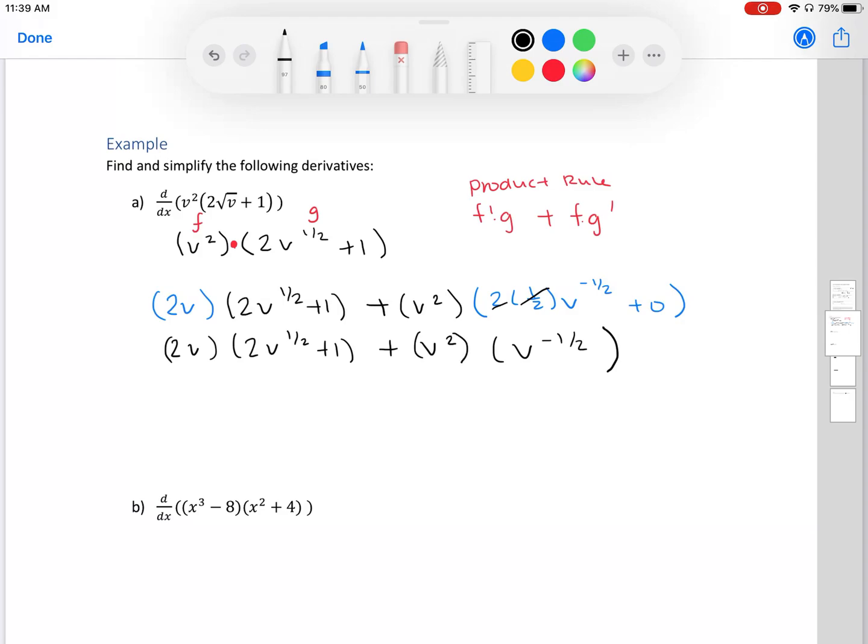Okay, now we can go ahead and multiply them out. We can distribute them. Now remember your exponent rule: if you have the same base, then you just add the exponents. So we have that same base of b, so 2 times 2 is 4, and we have b.